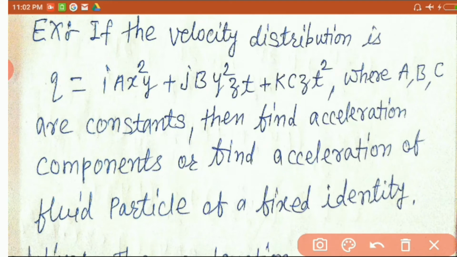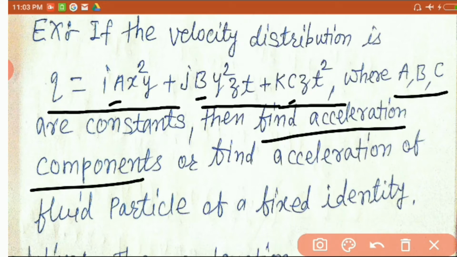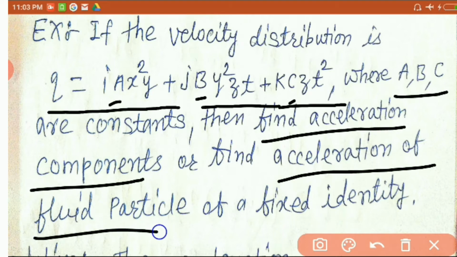If the velocity distribution is q = i a x² y + j b y² z t + k c z t², where a, b and c are constants, then find the acceleration components, or find the acceleration of fluid particles of a fixed identity. We want to find this.